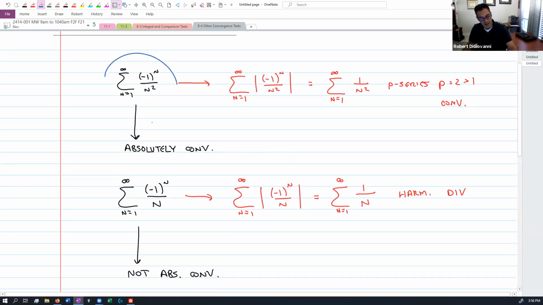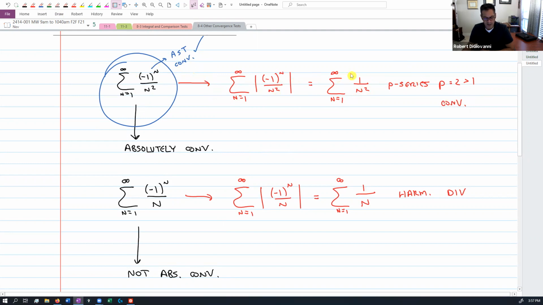Okay, so this one itself is convergent, right? We could go back and do this with the alternating series test. I'm not going to do it, but we could show that this converges. So to say it's conditionally convergent means that this converges, yes, but not absolutely convergent. So when we do this, we don't get convergence.